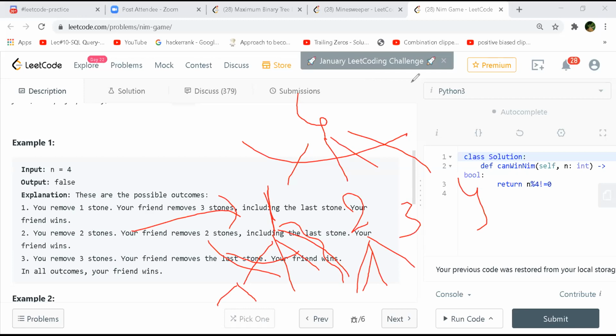So whenever we get a value n, the path we would take is to subtract 1 from that n, then 2 from that n, and then 3 from that n. Okay, and then again do a DFS from that, all those recursions, right? Yeah, recursive tree, exactly.